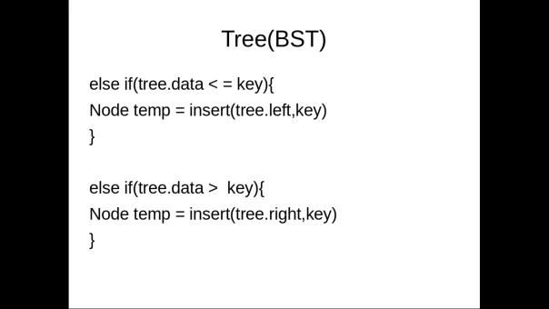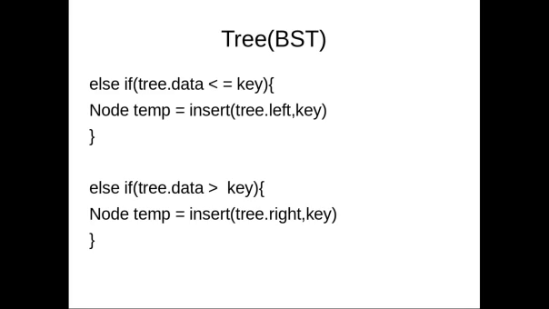Okay, that's why we will insert in tree.left, and then the key will be inserted there. Then it will recursively call this method, find where the child will be null, create a node and insert there.